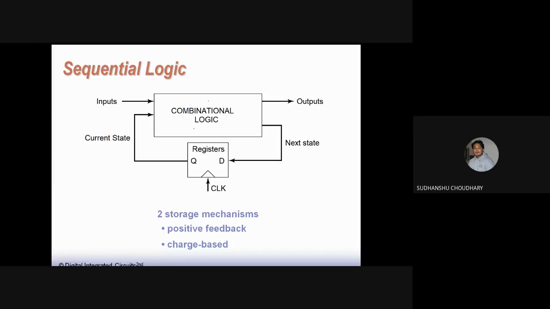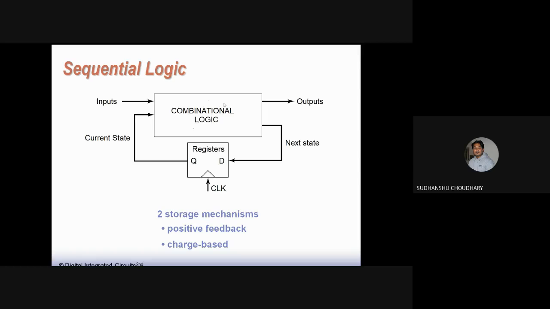So in a combinational logic circuit, as I said, the output is dependent on the present inputs only. And in a sequential logic circuit, for example, this finite state machine, you have a common clock here. A single common clock is present over here, which is synchronizing all events in this circuit.